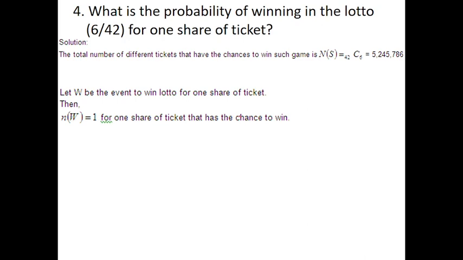Isang hawak lang na share of ticket eh. No? So, 1. And then, here's the probability now. Total number of outcomes for the event W, yung event to win lotto for one share of ticket. Okay? So, 1 lang siya.